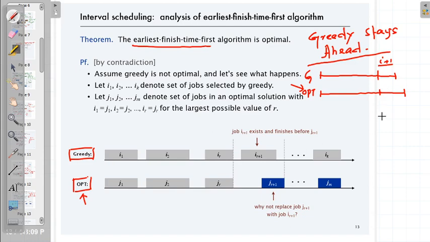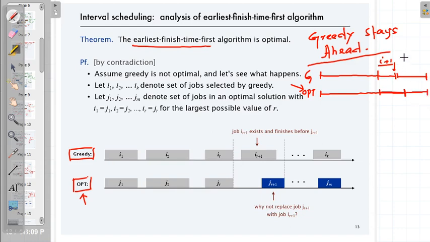Then what will be happening? Greedy has chosen the lowest finish time, and the opt has chosen some other job which goes beyond that finish time. So the remaining amount greedy is preserving is more than the remaining amount opt is preserving.